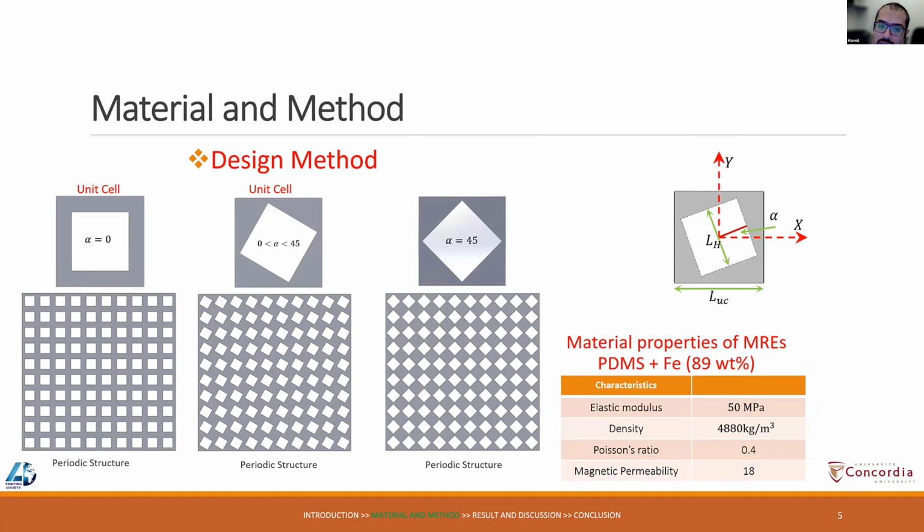And by changing the diamond hole inside that unit cell in a passive way, not in an active way, we can change its shape, and we have some passive design parameters here that are easily changeable. And also we put material properties for our structure as MREs, that we have another paper in publication that they are used actively.